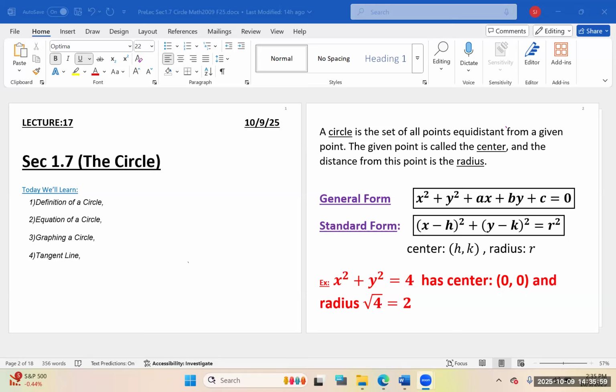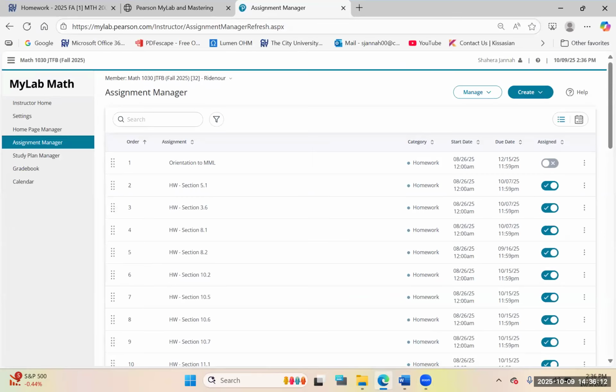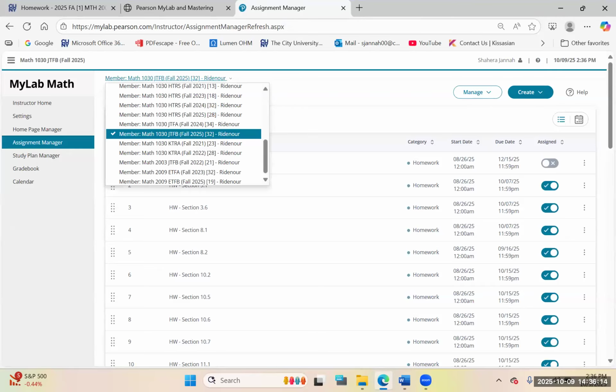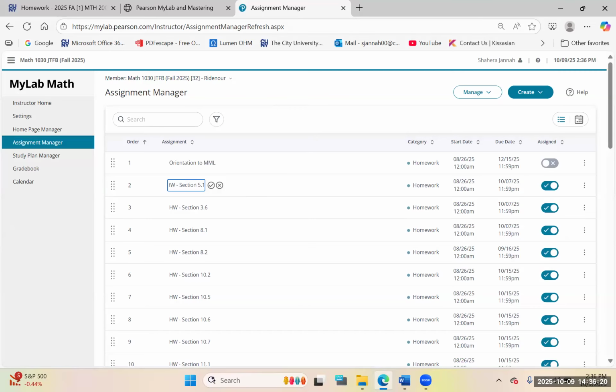Let's go. So all the homework for chapter 1 from section 1.1 to 1.8, I think. I just opened them. Let me just tell our class.